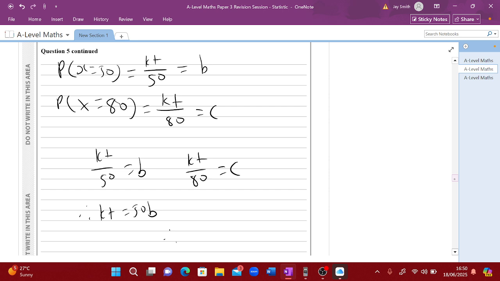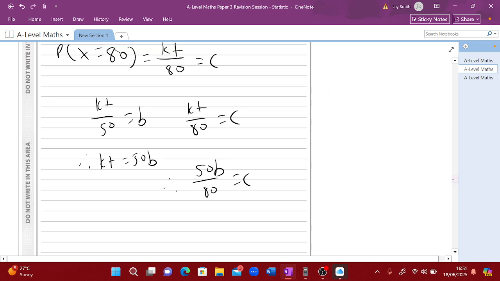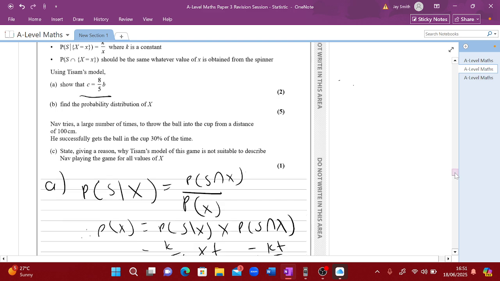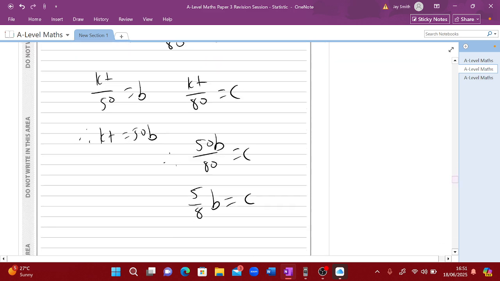Therefore, we can substitute it into the C equation to get 50B over 80 equals C. That means 5 over 8 B, if we cancel that down, is C. But we want C in terms of B, so we divide by 5 over 8 instead. So C is 8 over 5B. And there we go, that's our result for part A. Cool.